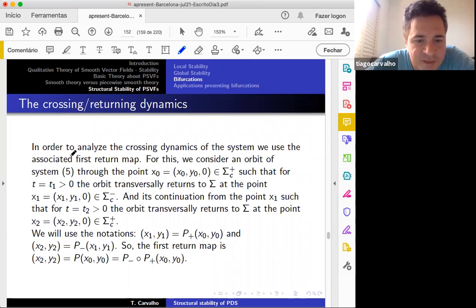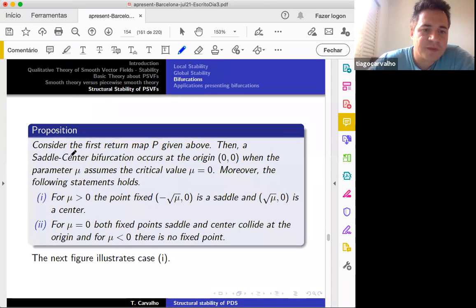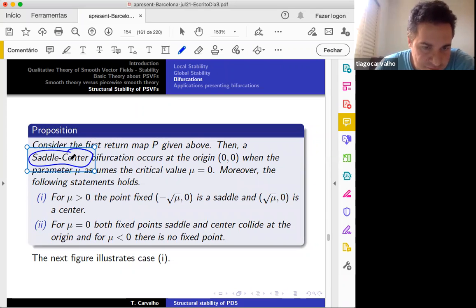Well, what's happening here is the following. The first return map has not a saddle-node, but a saddle-center bifurcation at the origin. For mu positive, there are two equilibria of the first return map.